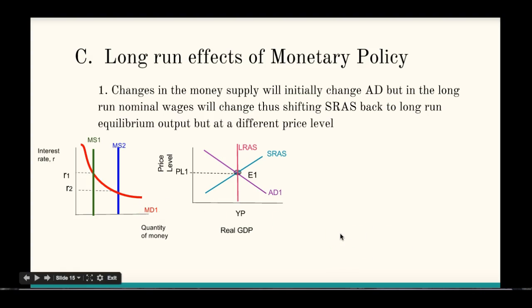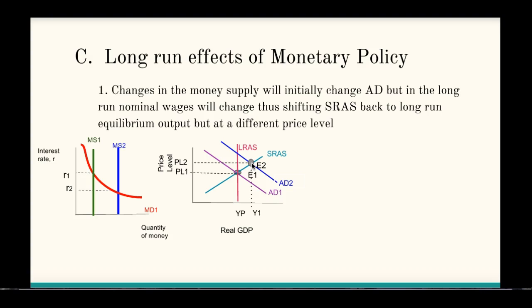More loans will be given out, so more people have more money, and more spending occurs. More spending means our aggregate demand curve moves to the right, and we go from E1 to E2. Now our price level has increased and our GDP has increased. But that's not the end of the story. That's our short-run case.